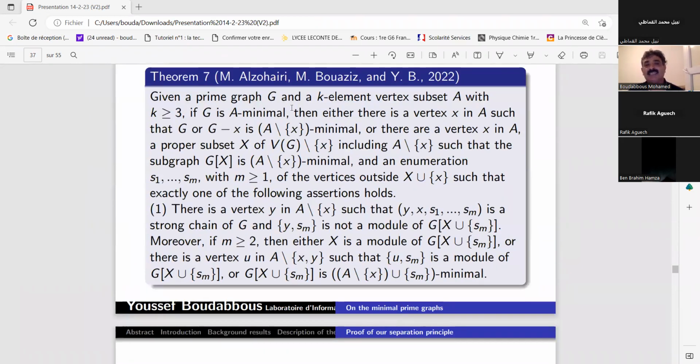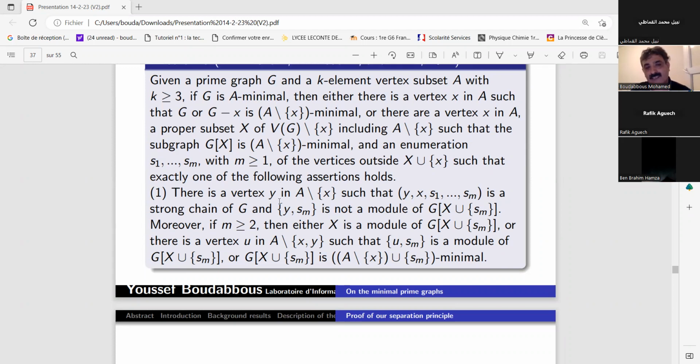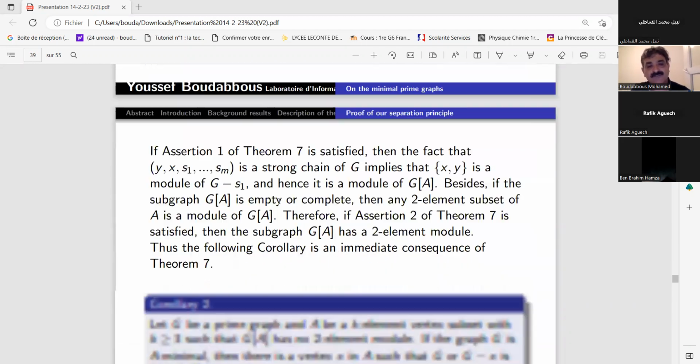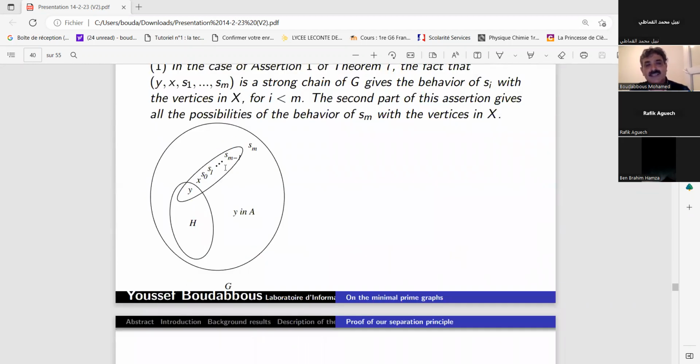Given a prime graph G and a k-element vertex subset A, if G is A-minimal, then either there is a vertex X in A such that G or G minus X is A minus X minimal, or there is a proper subset X including A minus X such that G[X] is A minus X minimal, and we enumerate the other vertices S1, ..., Sm outside the union, and we obtain either this figure, that is the other vertices.